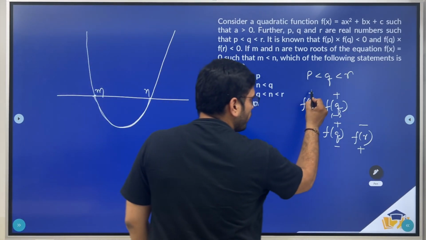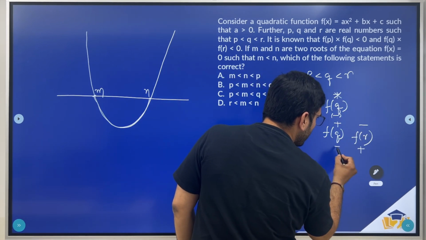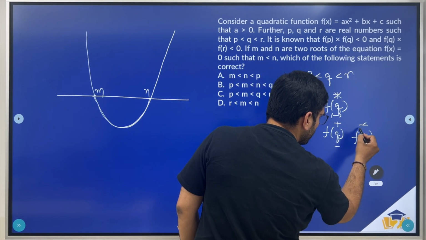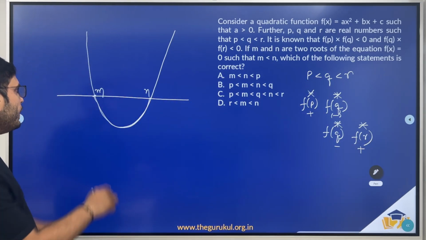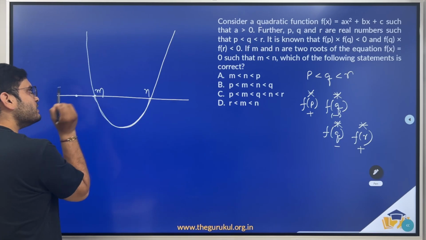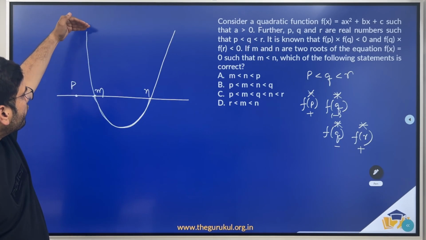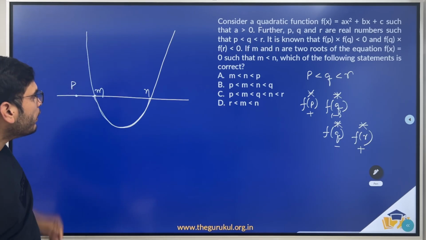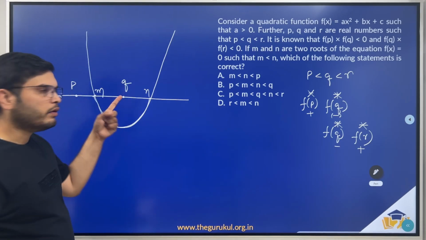Right, so you cannot have f of p being negative, f of q being positive, and f of r being negative. Now this is not possible. Whereas, let me consider p to the left of m, less than m. Now, what is f of p? Positive. Now, let me consider point q between m and n.